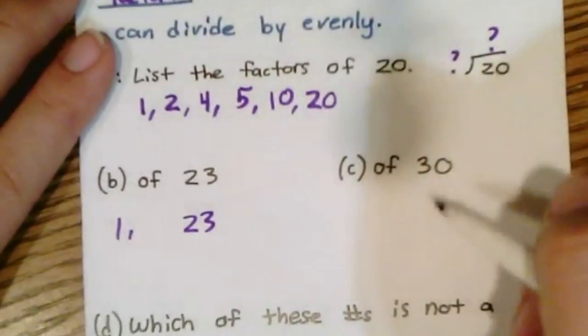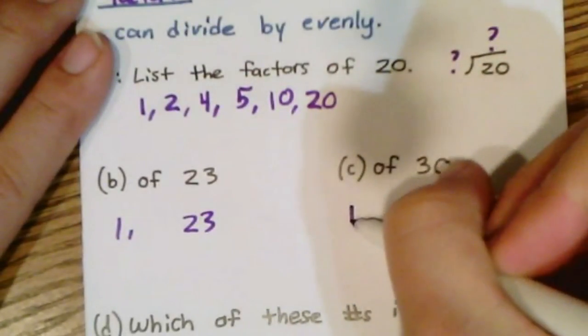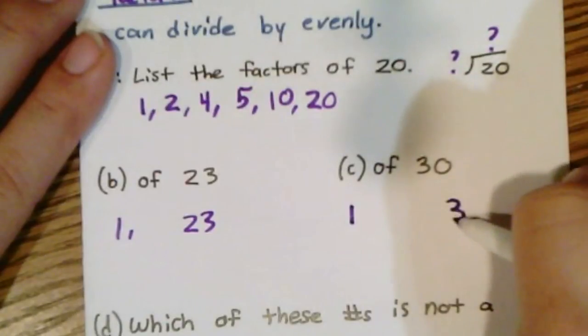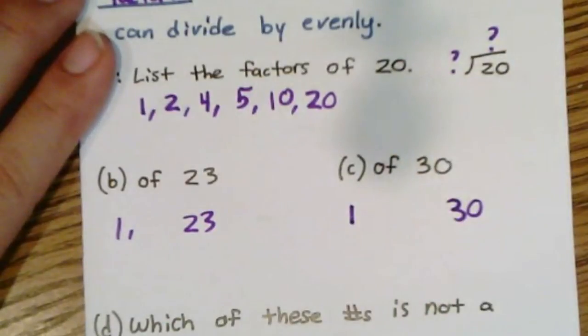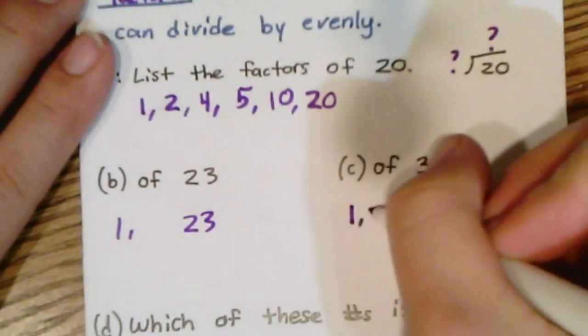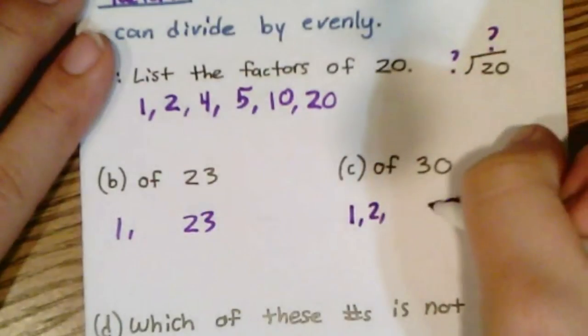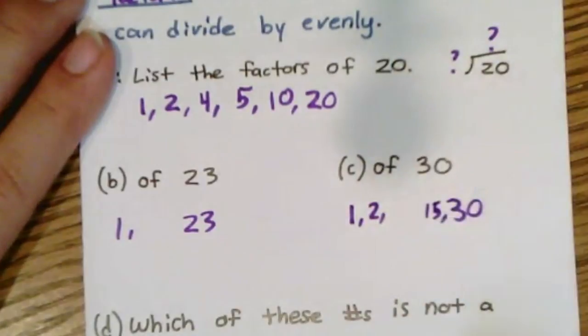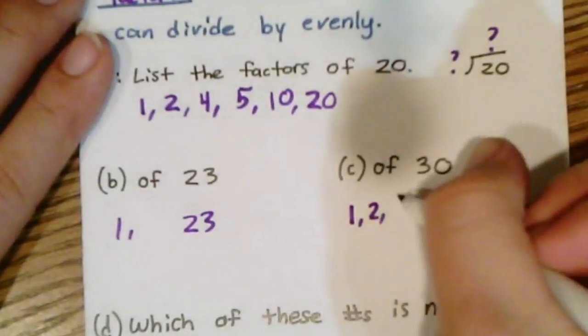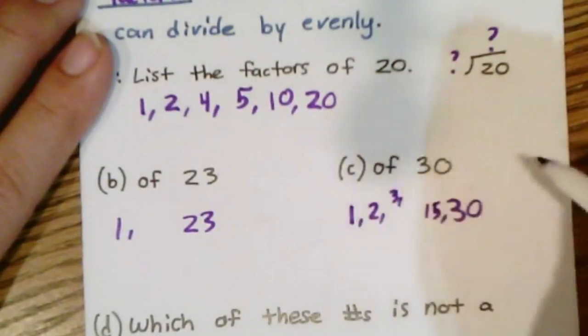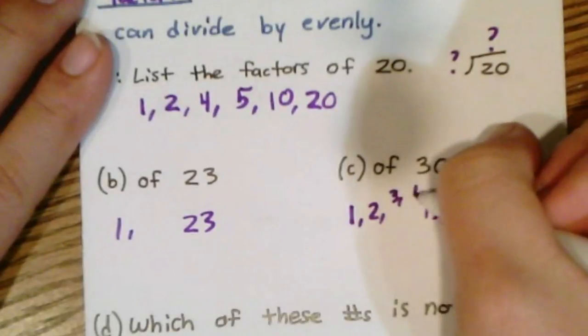What about 30? I'm going to start with 1 and 30. Is 2? Good, because it's even. So 2 times 15. What about 3? 3 times 10.